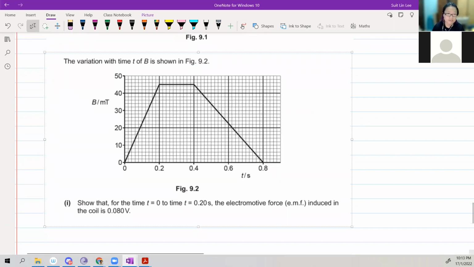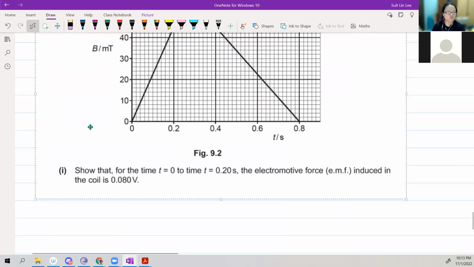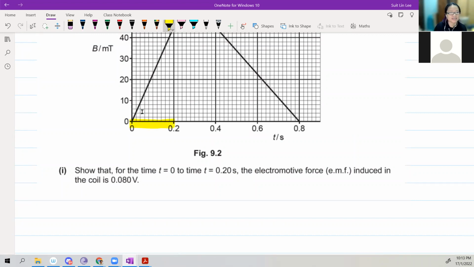Okay. So first part, you are asked to show from 0 to 0.2, here to here, that the EMF is 0.08 volt.